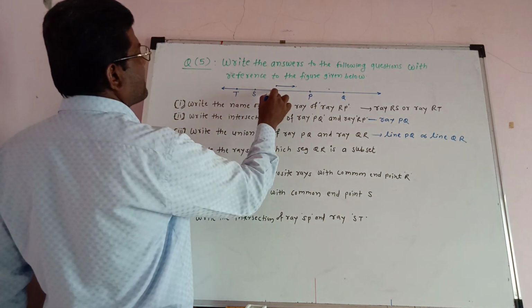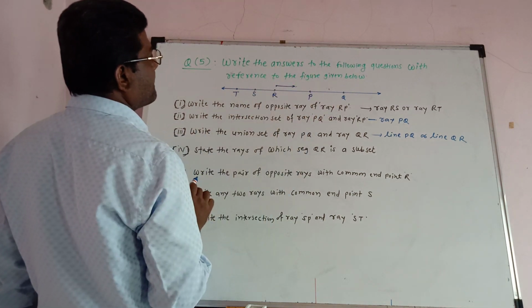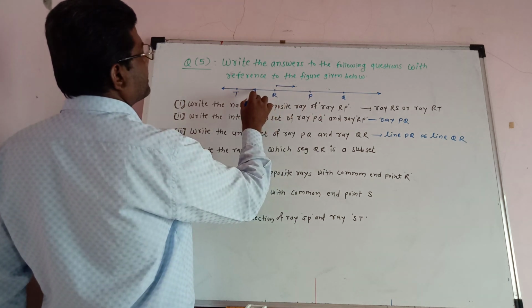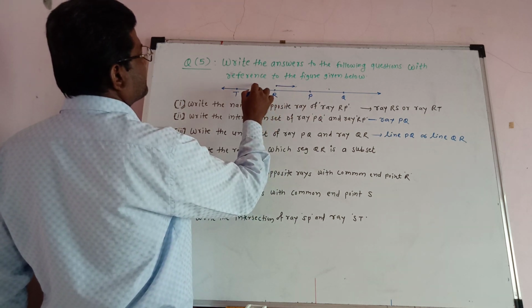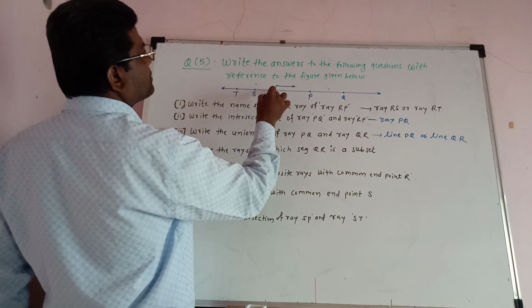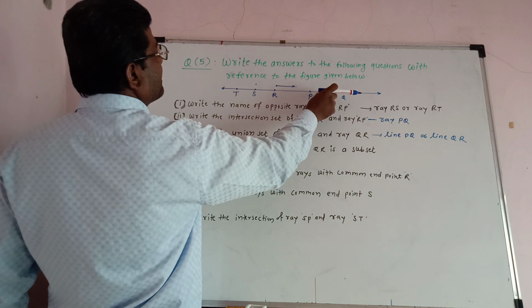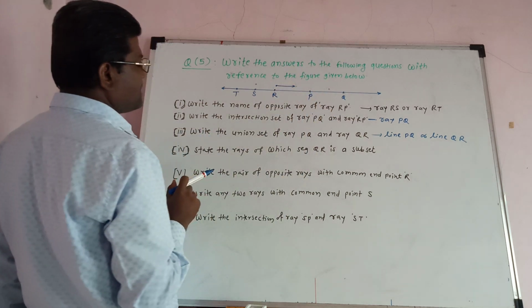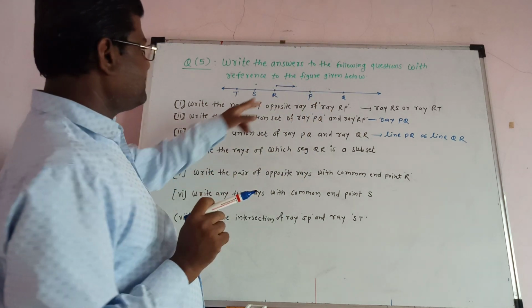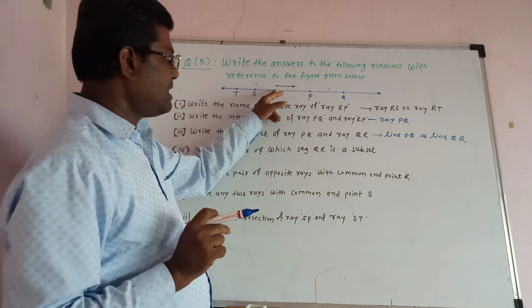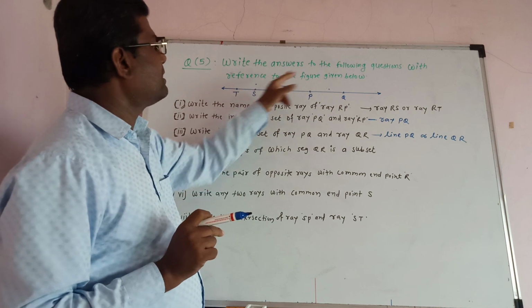So our answer is ray RQ. Then ray SQ is also there. SQ starts from point S, goes to R, P, Q, and infinitely. On that ray, segment PQ comes also. Therefore our answer is ray RQ or ray SQ.